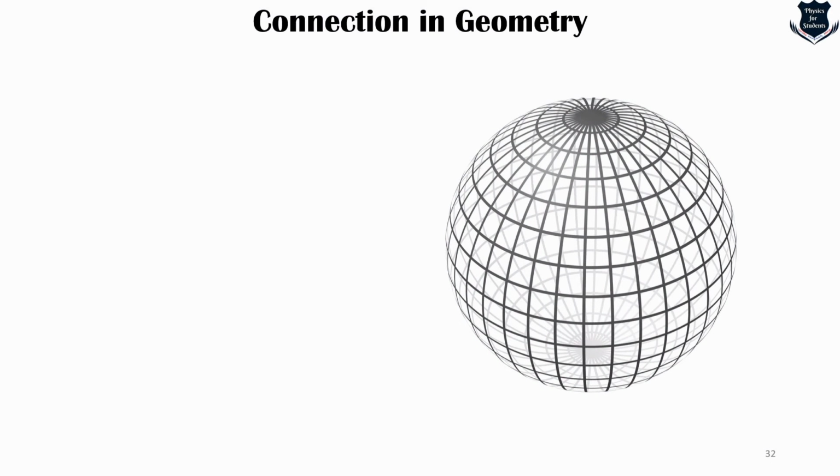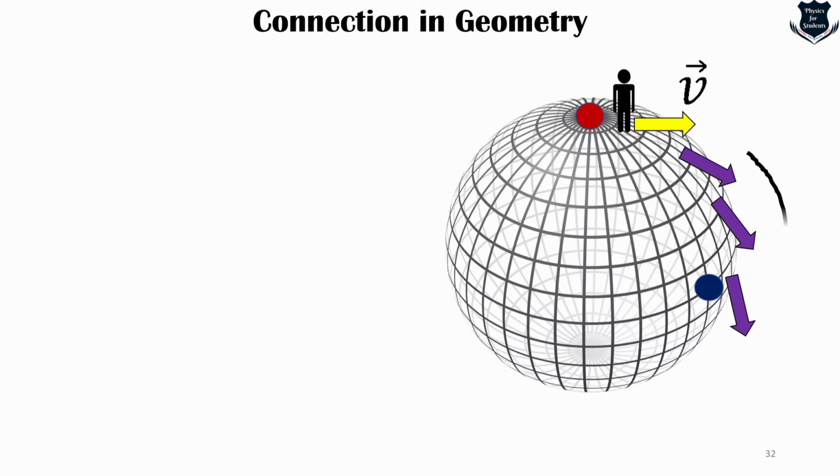So we take this kind of a sphere and we stand over here. This is the red point, and we are trying to go to the blue point. We are carrying an arrow which we will try to keep as straight as possible. The original arrow is marked in yellow. So I move over from here. It is called V, and I'm trying to keep it straight, but you still see that the arrows are bending, and this is due to the curvature. Now from this point we try to go along the equator.